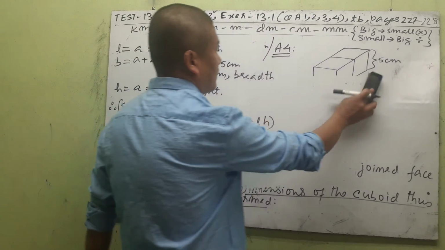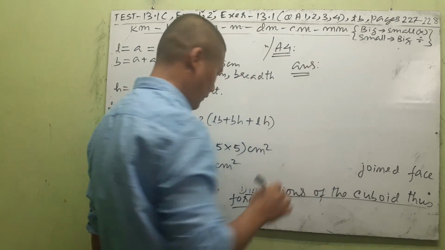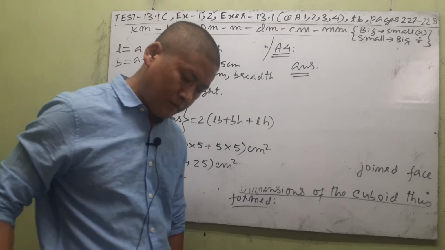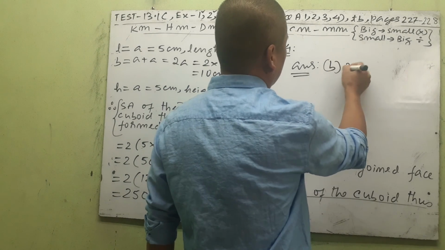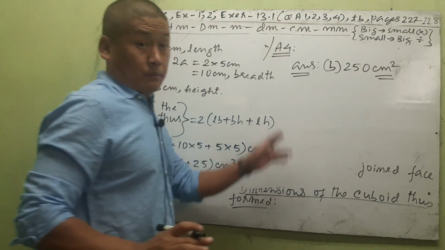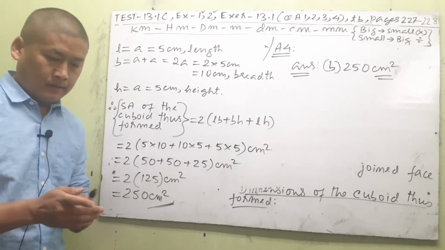The answer choice that matches our answer, 250 centimeter square, is the second one, B, 250 centimeter square. So that completes the part. I hope that's fine.